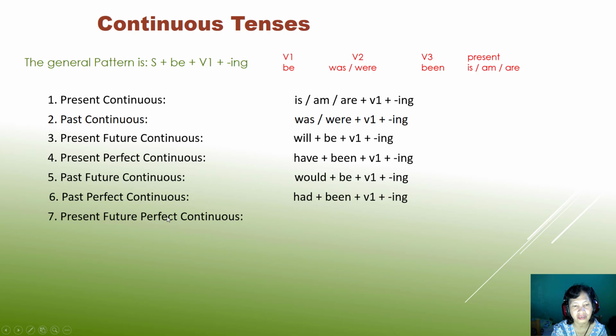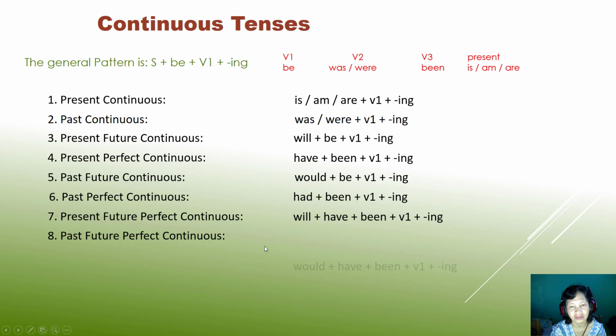Present future perfect continuous, the combination of present future continuous and present perfect continuous: will have been, verb 1 ing. And then past future perfect continuous, we have would have been, verb 1 ing, will is changed into would. So this is how to understand the pattern.